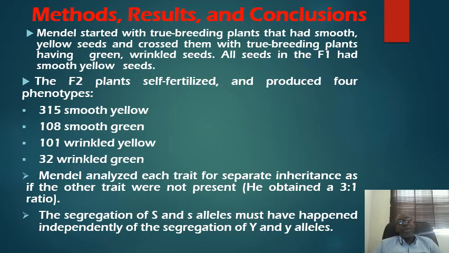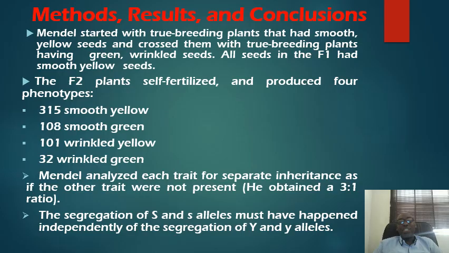As I earlier said, Mendel started with true breeding plants that had smooth yellow seeds and crossed them with true breeding plants having green wrinkled seeds. All seeds in F1 were smooth yellow, and in F2 it had 315 smooth yellow seeds, 108 smooth green, 101 wrinkled yellow, and 32 wrinkled green, which is approximately 9:3:3:1.